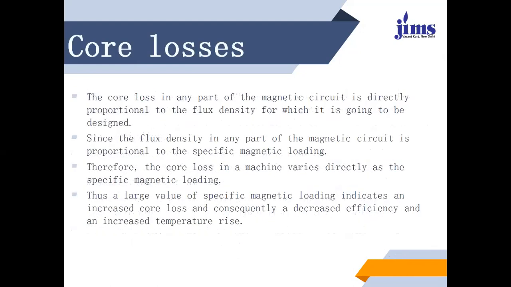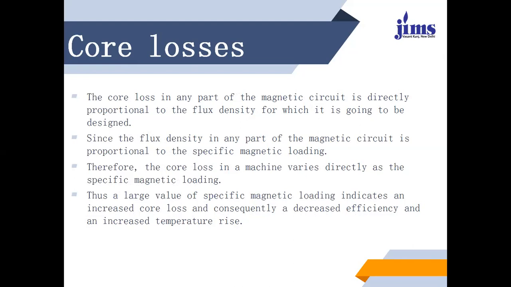Now the core losses in any part of the magnetic circuit are directly proportional to the flux density for which it is going to be designed. Since the flux density in any part of the magnetic circuit is proportional to the specific magnetic loading, therefore the core loss in a machine varies directly as the specific magnetic loading provided over the machine.